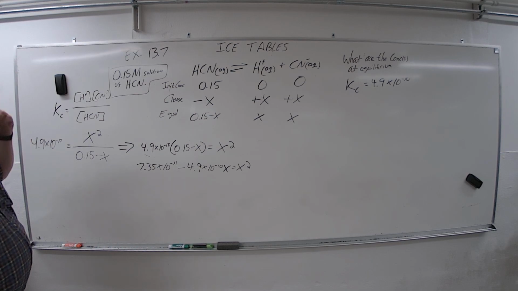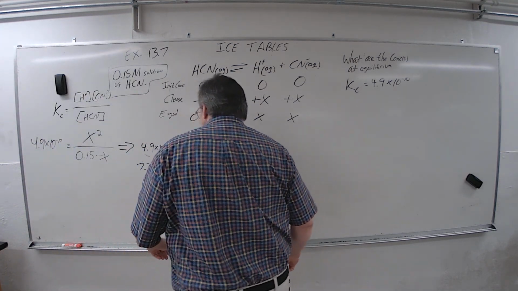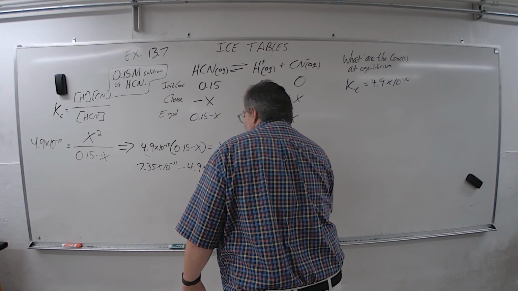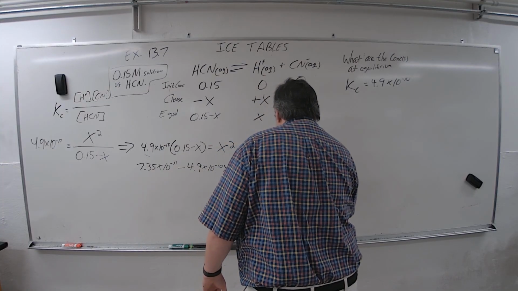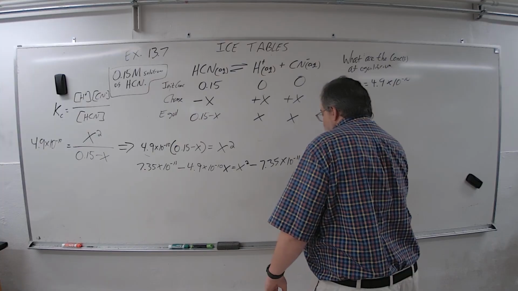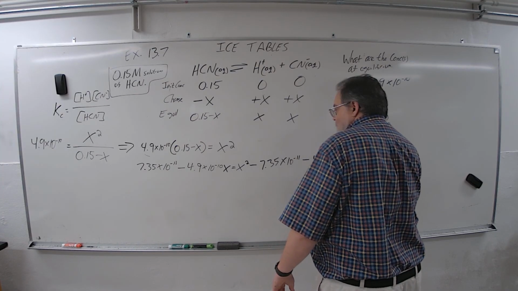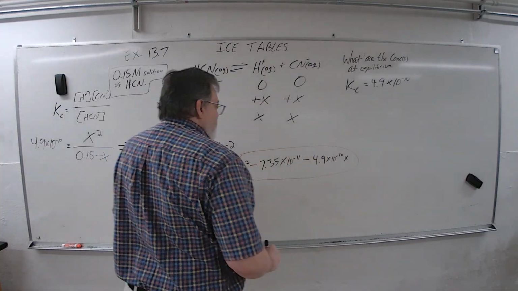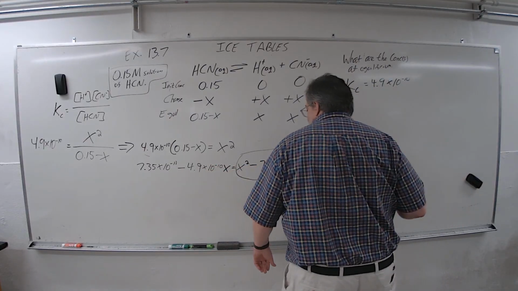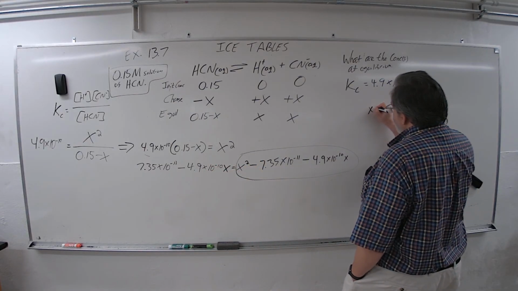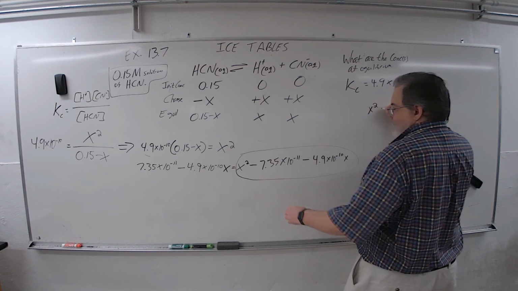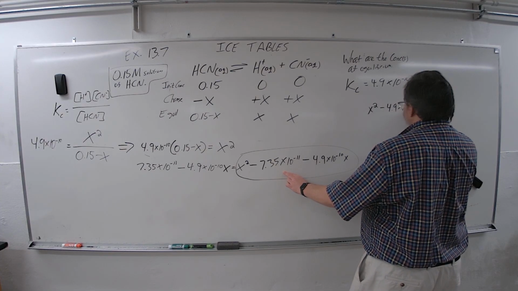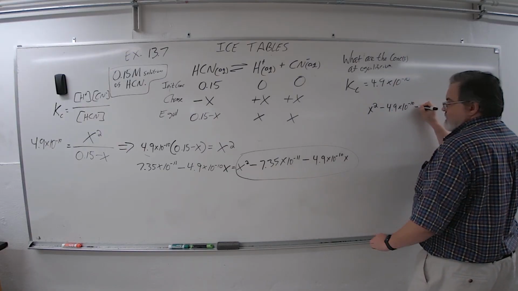All right. Now I'm going to move everything over to the left side. So x squared minus 4.9 times 10 to the negative 10 x minus 7.35 times 10 to the negative 11 equals 0.